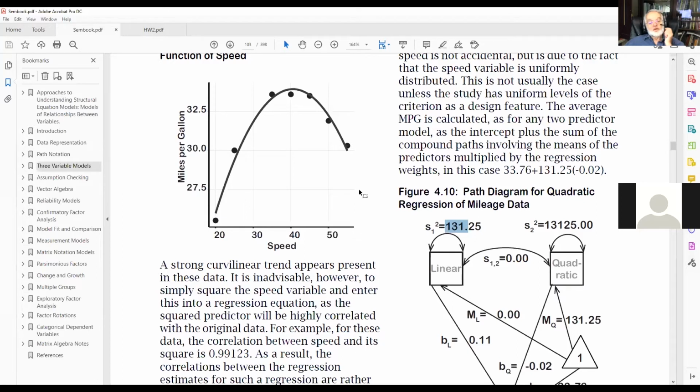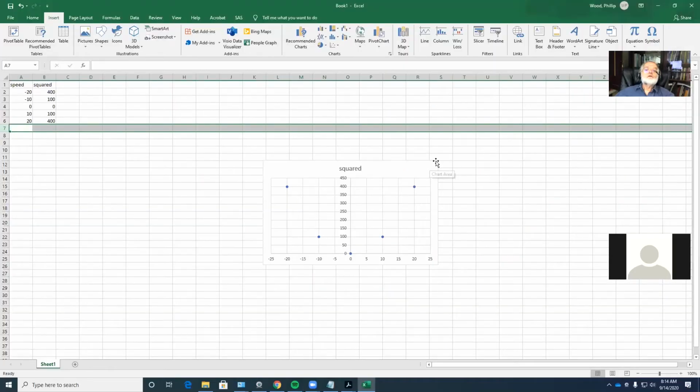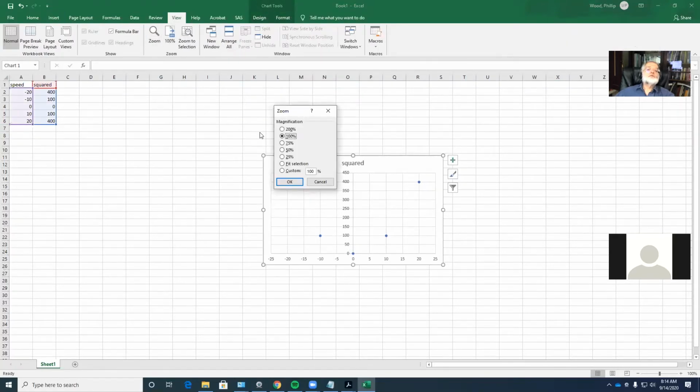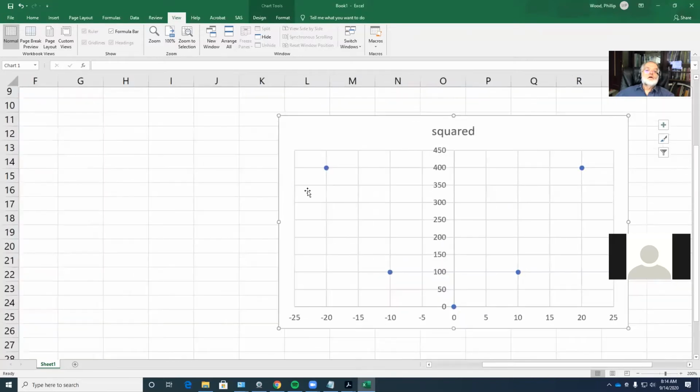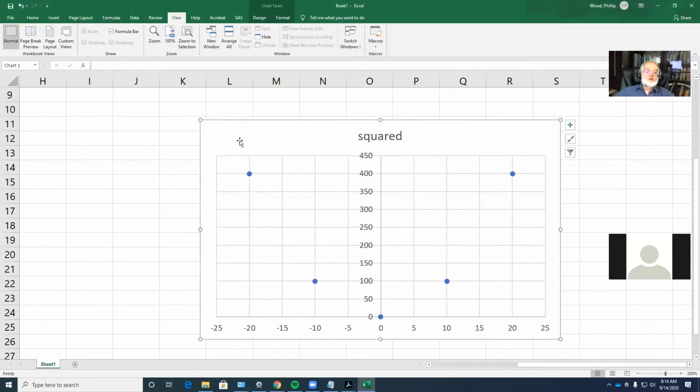So just as we were talking about in that spreadsheet, if we come back to that, notice that in this diagram, all of the squared values are positive numbers, and the scatter plot here, the best regression line going through that is a straight line. So whenever we have a perfectly symmetric variable, we can get a covariance of 0.